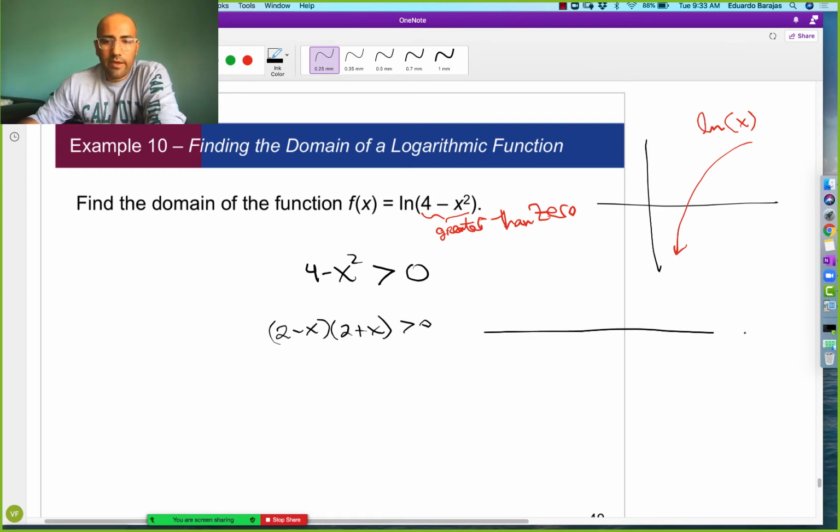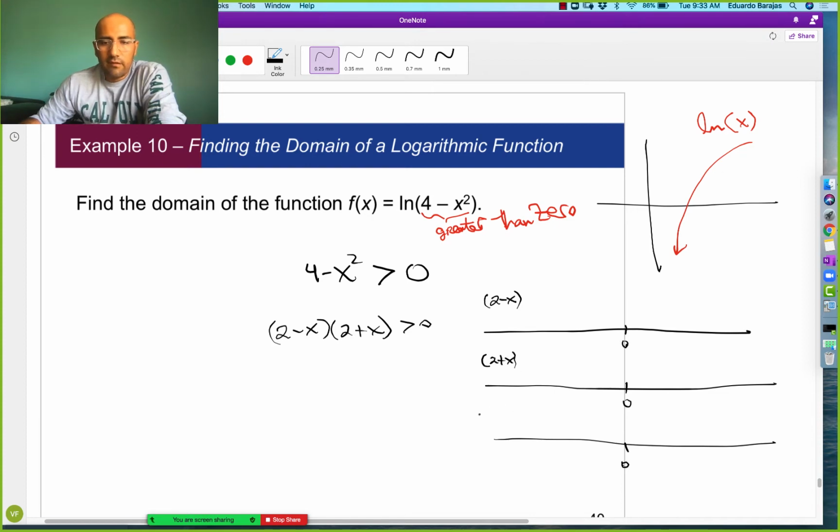I would do this by the method where we put 3 number lines all above each other. Here is 0 on the number line, here's another number line, here's another number line. Here we're going to only consider 2 minus x. Here we're going to consider 2 plus x. And here finally we're going to consider the multiplication of 2 minus x times 2 plus x. What value of x would give me a 0? 2 minus blank, that would be a positive 2.